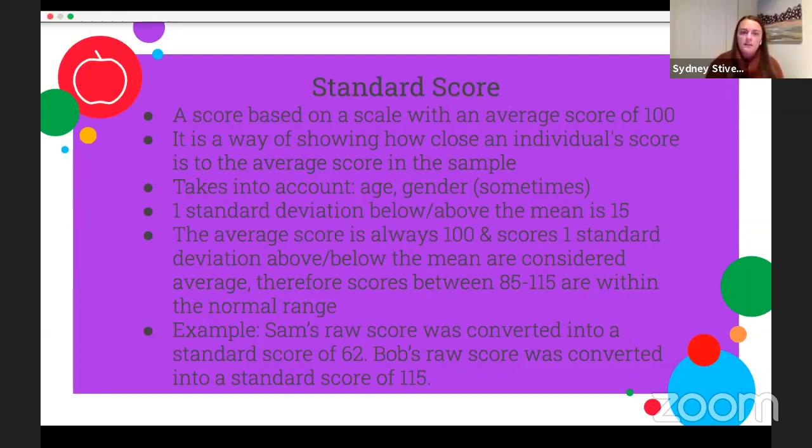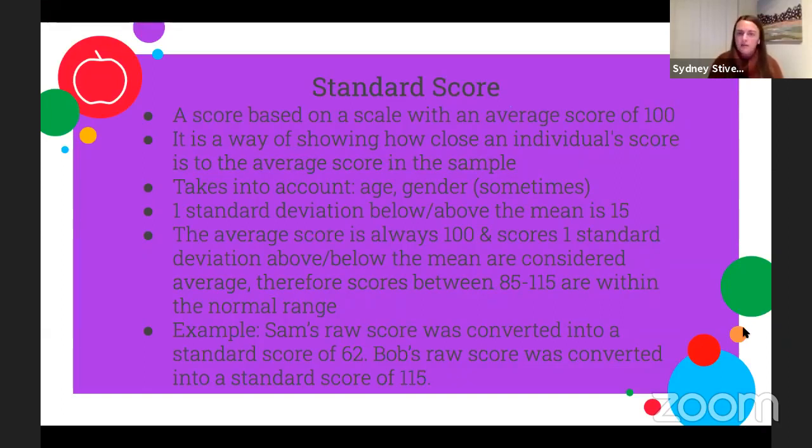Certain insurance plans require that they be so far below the mean to receive services. And I know in schools too, it's the same thing. They have to be so far below. So depending on the plan, if they score too close to that mean, they might not be able to have services covered by insurance.